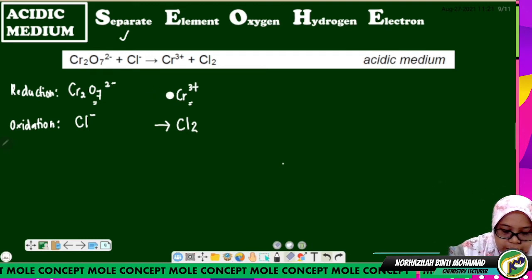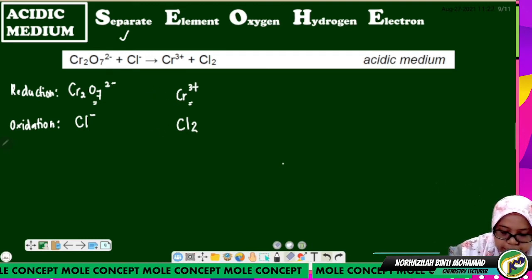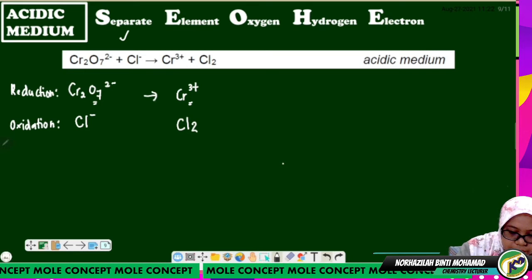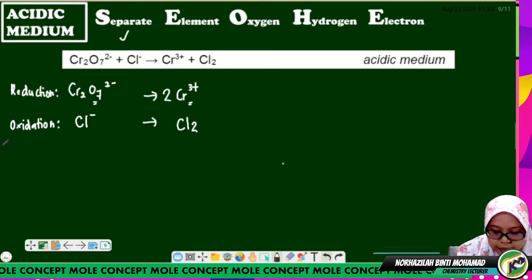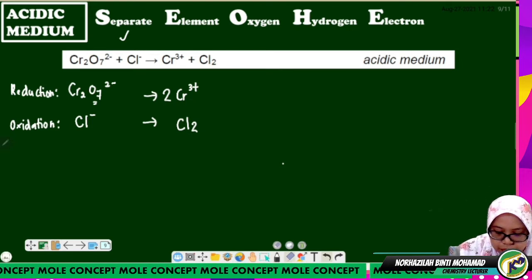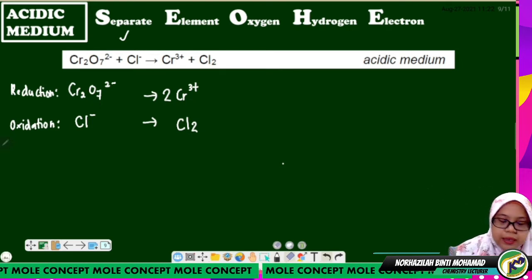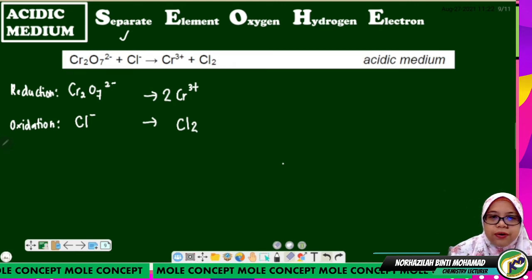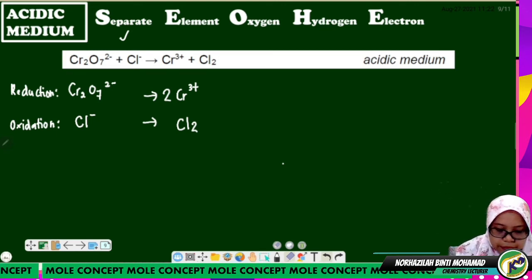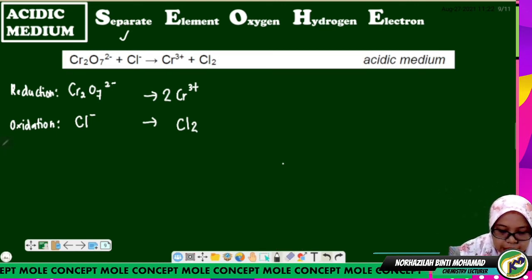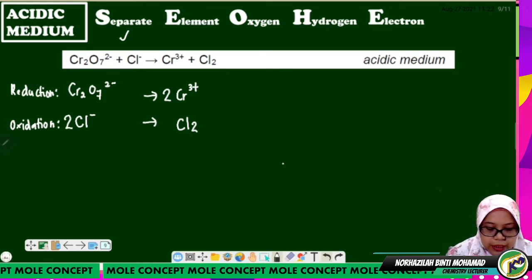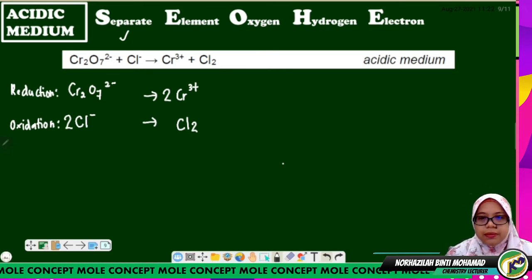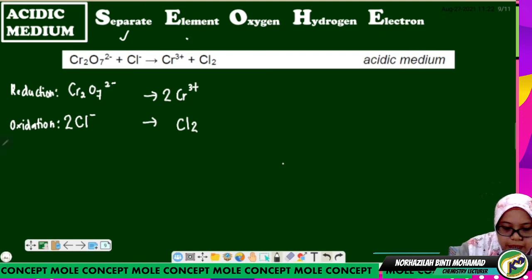So it becomes 2 Cr3+. For the oxidation reaction, the number of Cl is not balanced, so I need to multiply the chloride on the reactant side by 2, so that the number of chlorine will be balanced. I have balanced the elements.